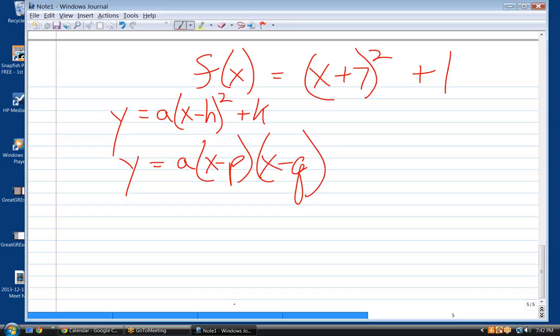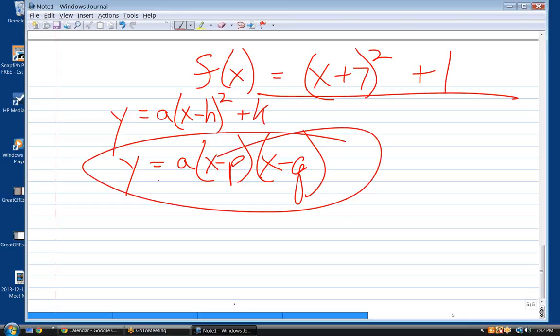So depending on what they ask, if they ask for the x-intercepts, then we'd want to put it in this format. If they ask for the vertex, or the axis of symmetry, we want to put it in that format. If they want to know something else, it might be worth putting it into standard format. Okay.